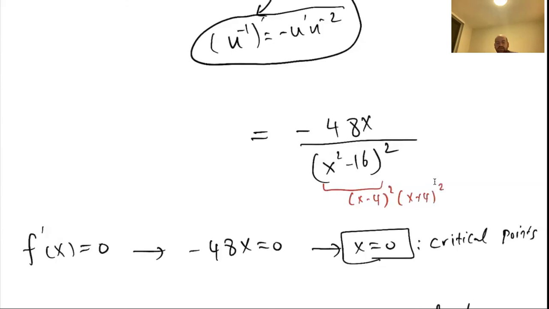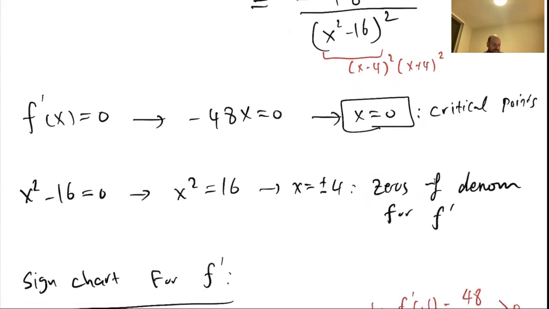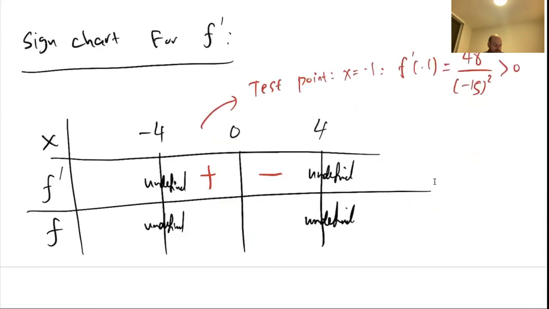So these are repeated roots with multiplicity 2, and there will be no sign change at 4 and -4. So minus remains minus, and here plus remains plus, because they're repeated roots with multiplicity 2 in the denominator of f prime.